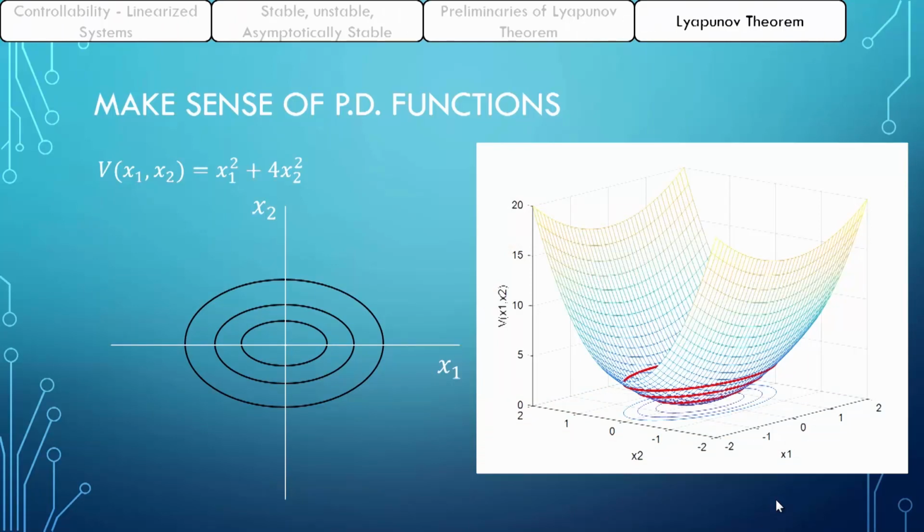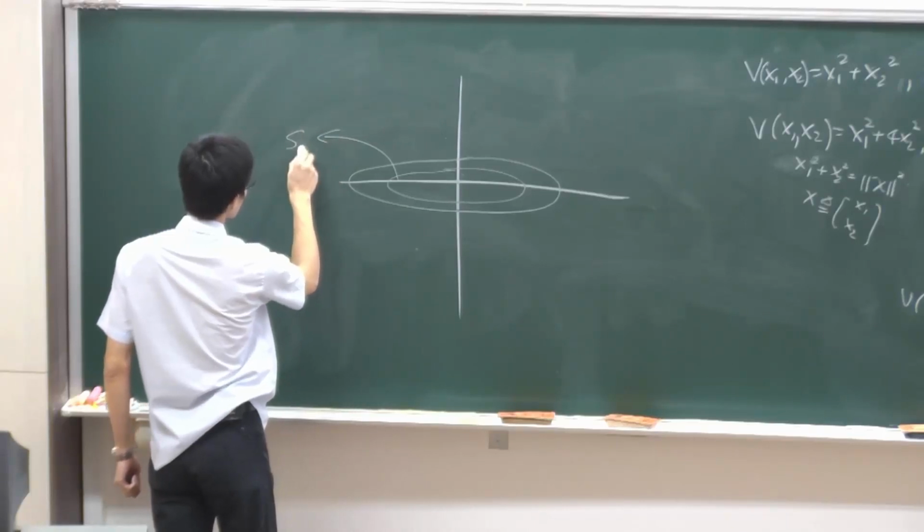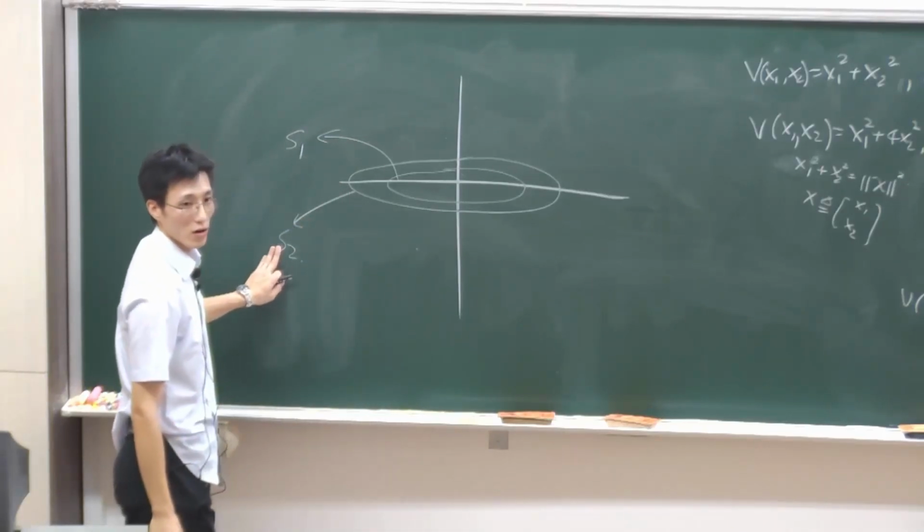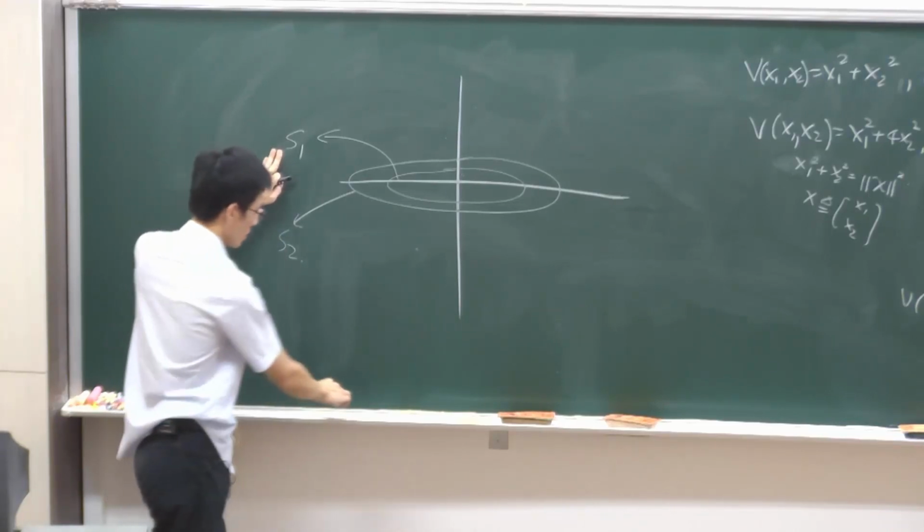But the distance from the point on any orbit to the origin is not always greater than the point on a smaller orbit. Okay, for example, 我给你一个反例，这叫 S1, this is S2. Okay, greater value of V, smaller value of V.